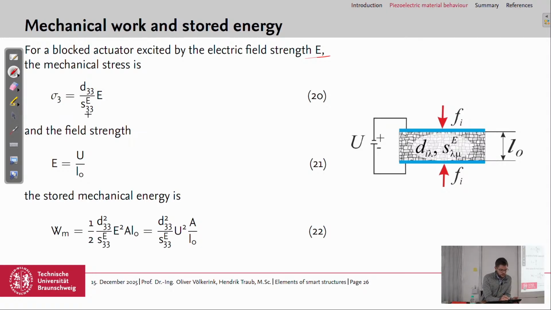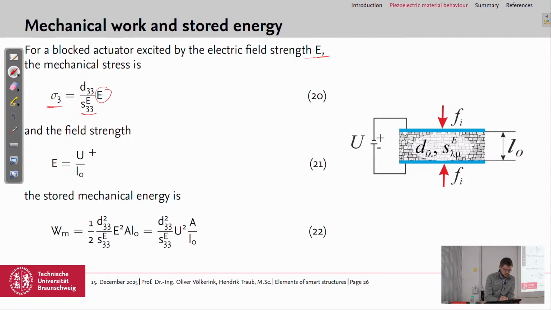We know from the small signal behavior that D33, so the piezoelectric constant in field in 3 direction and effect in displacement in 3 direction, divided by the compliance times the electric field gives us a stress, sigma 3.